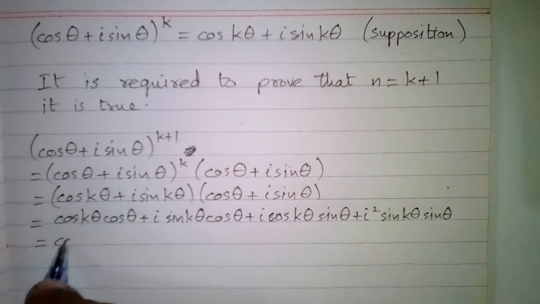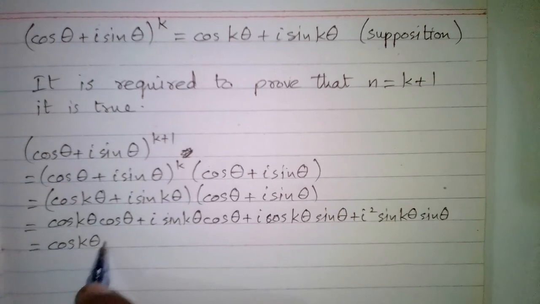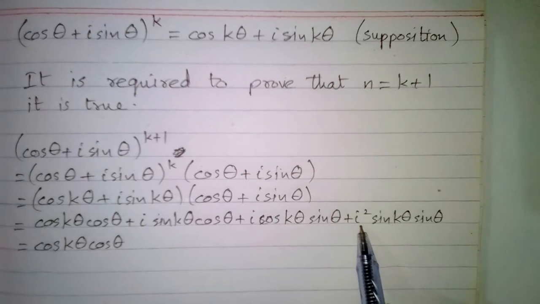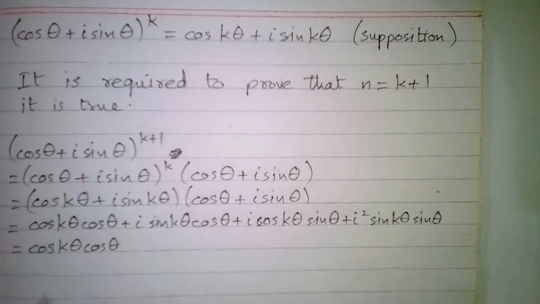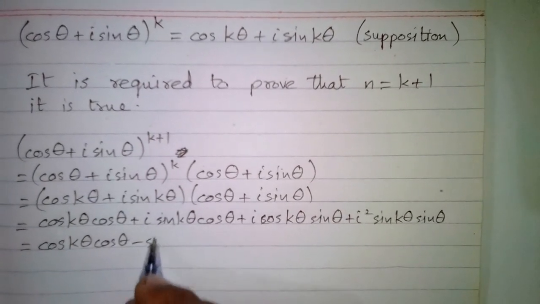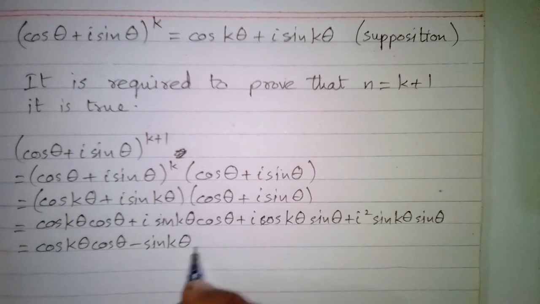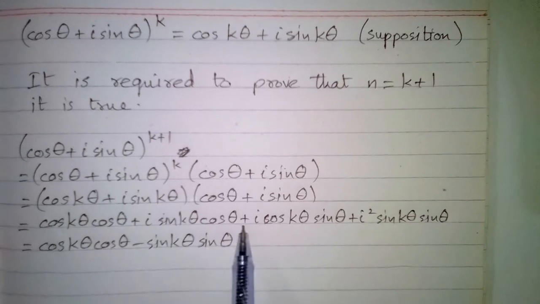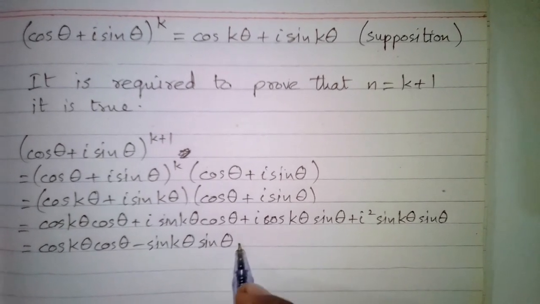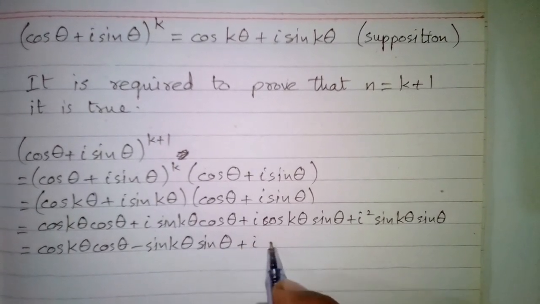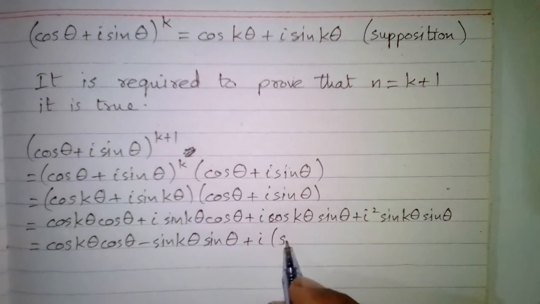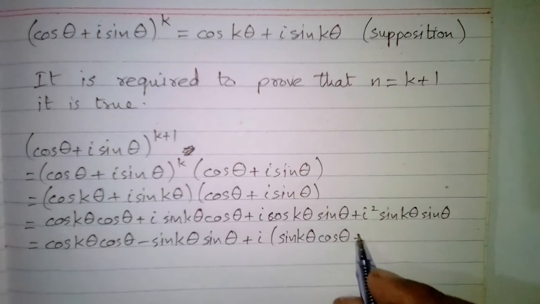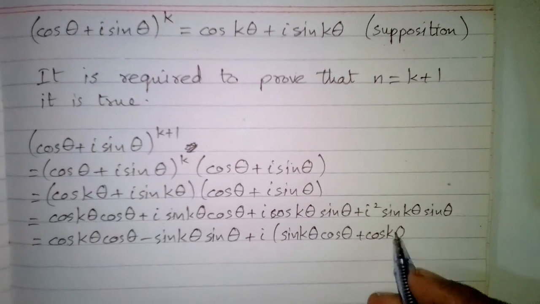Now this will be equal to cos k theta cos theta, and iota square is minus 1, so this will be equal to minus sin k theta sin theta. And now from these two terms we can take iota common, and we have sin k theta cos theta plus cos k theta sin theta.